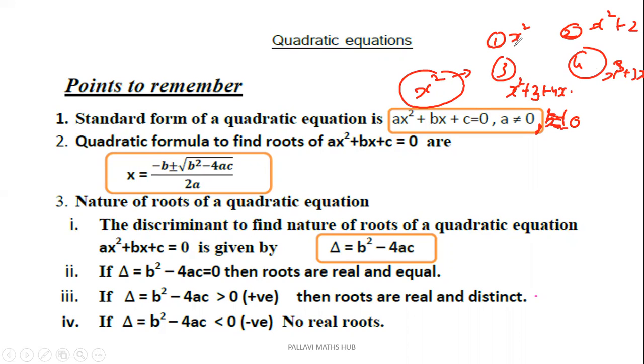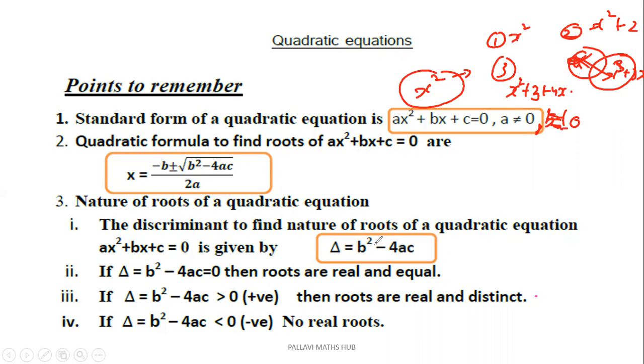Here also x square term is present, here also, here also. But here x cube. The highest degree here is 2, here also 2, here also 2. But in this one the highest degree is 3. So this is not a quadratic equation.